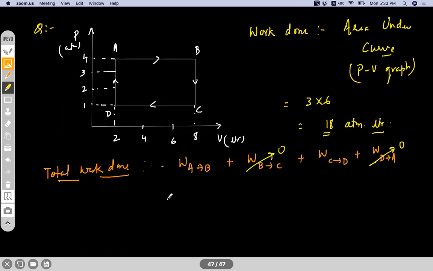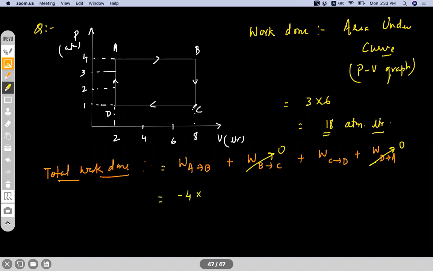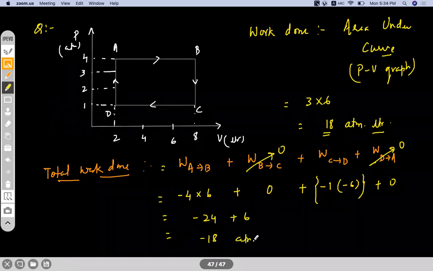A to B and C to D, you see, the expansion is taking place against the constant pressure 4. So minus 4 into change in volume, which is 6, plus 0. This would be C to D. We have compression against 1. So minus 1 into 2 minus 8, that is plus 6. So minus 24 plus 6, we are getting minus 18 atm liter.